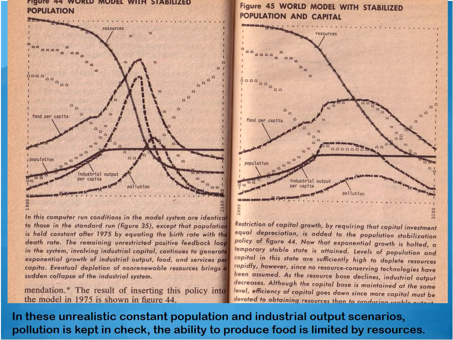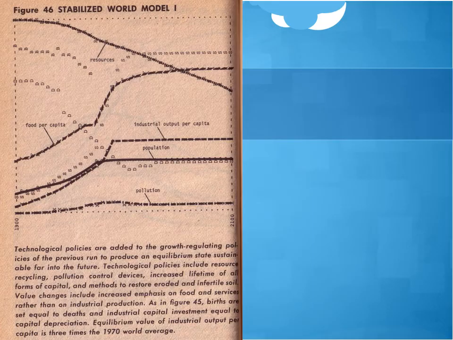Okay. But it's useful to just look at the outcomes, and the outcome of this is that the pollution is kept in check because the growth is limited, but the ability to produce food is limited by resources, so that's another outcome of this. And both are pretty much the same.